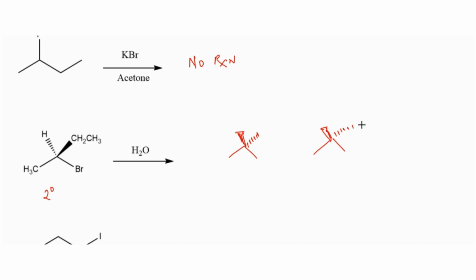Here we have hydrogen, ethyl, methyl, and OH on one side and the other side. So we get 50-50%, and this reaction proceeds by the SN1 mechanism.